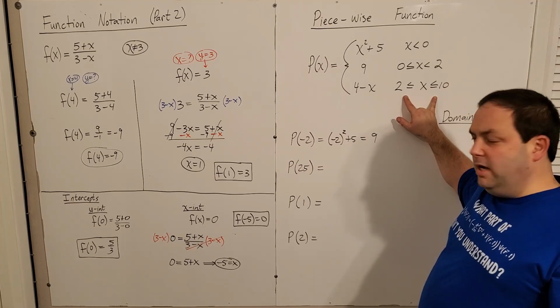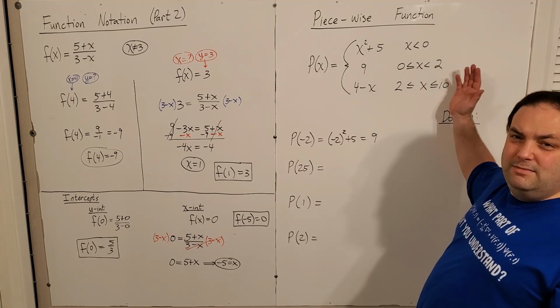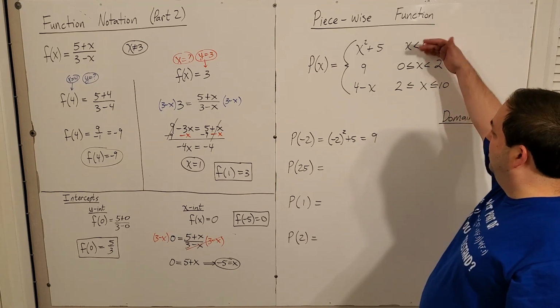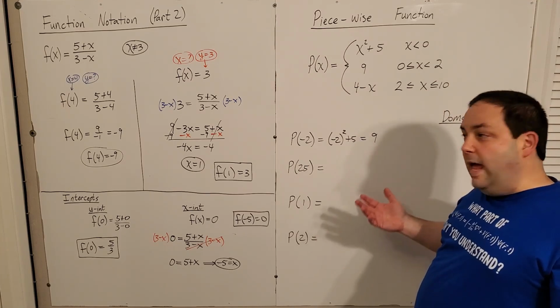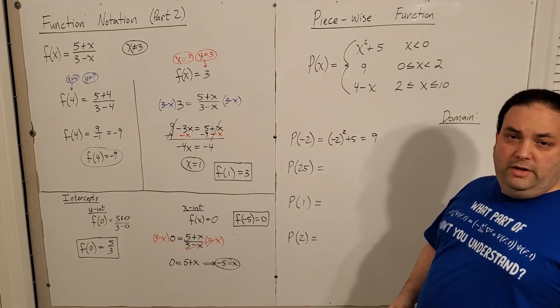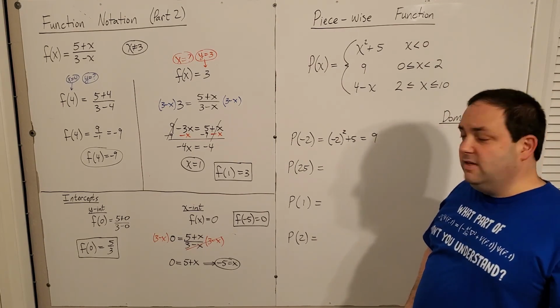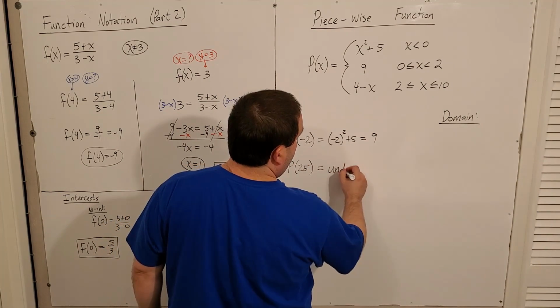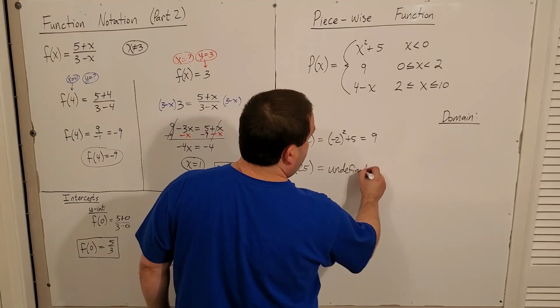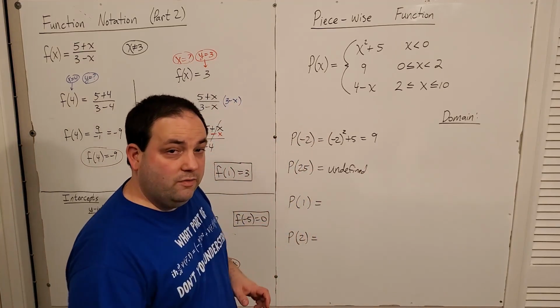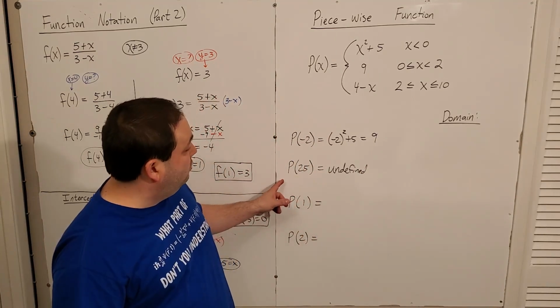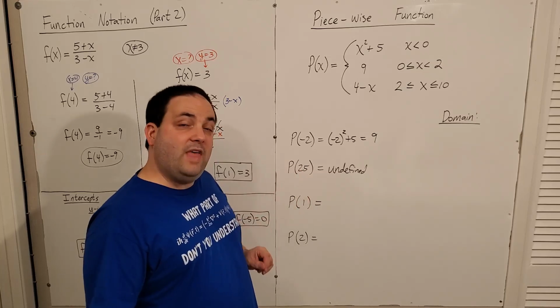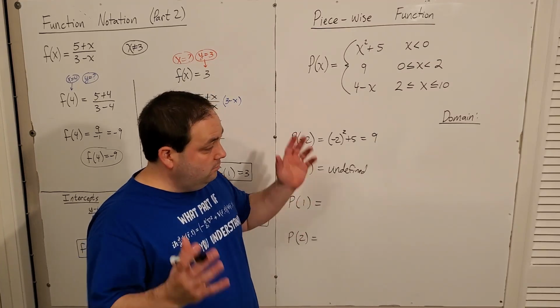None of those, right? 25 is greater than 10, so it's not in any of the lists. That means this function can't use 25. It's not in the domain of this function. So I put undefined. Don't put no solution, because we're not solving. It means that the function is not defined at that x value. At that location, no function value.